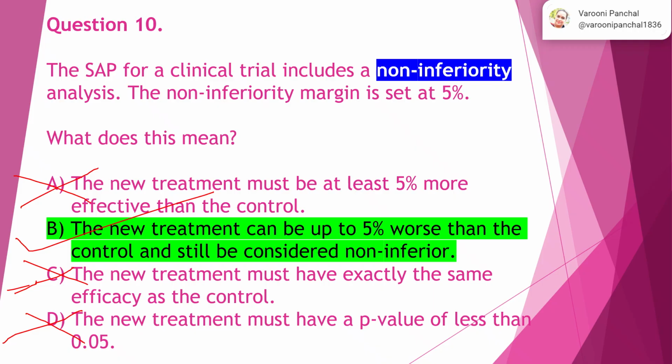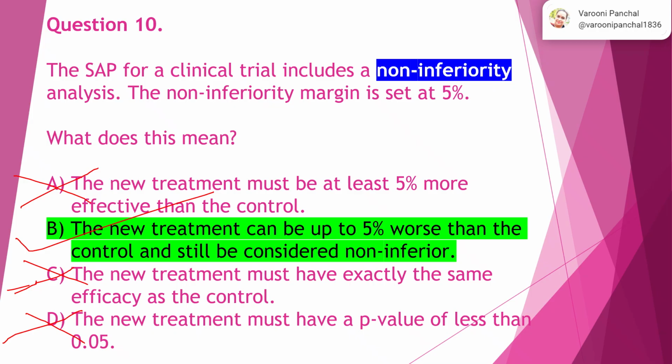Now, just to explain this in common layman's language: a 5% error, or a 5% bad situation, can happen as compared to the control, so that much is allowed. For example, a student is making an attempt at an exam.